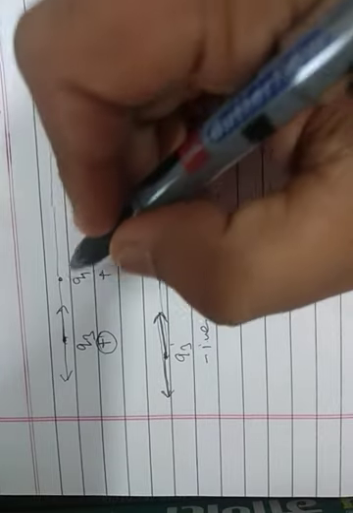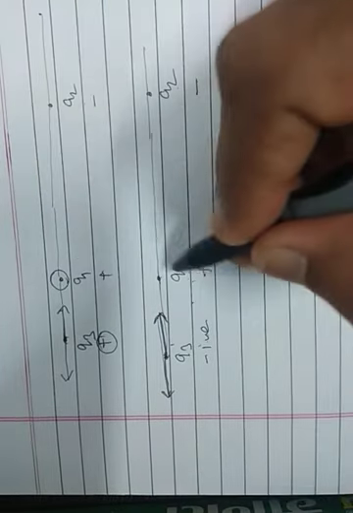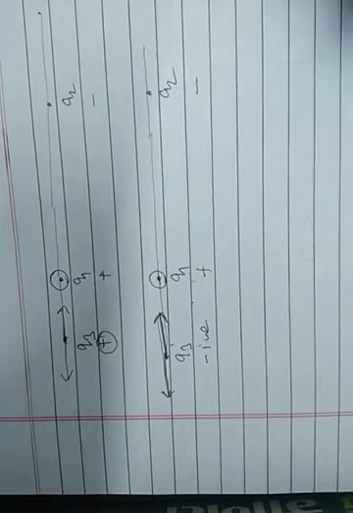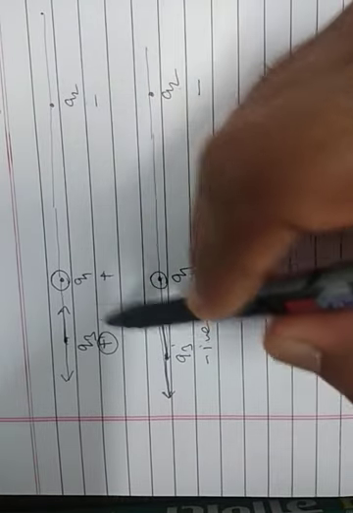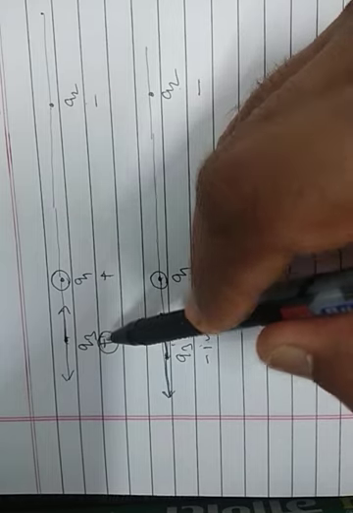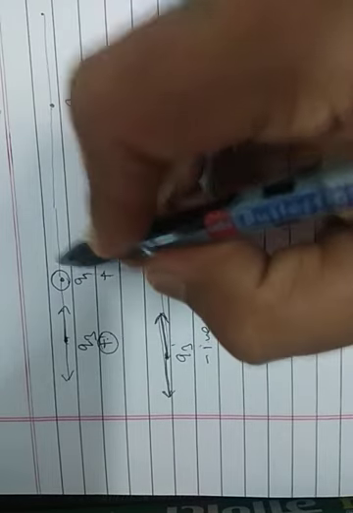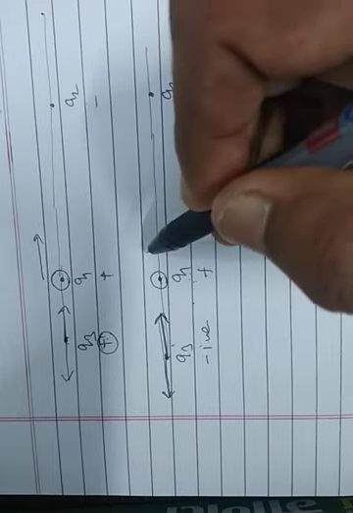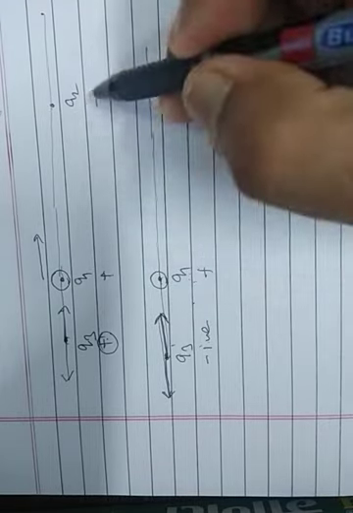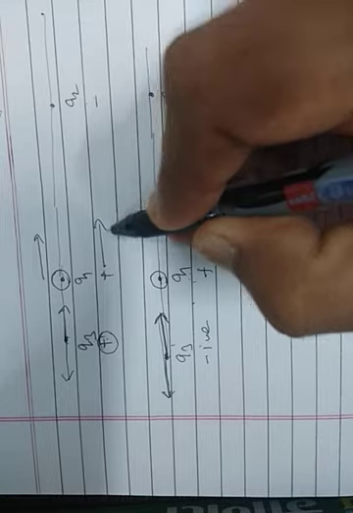In this case we will consider equilibrium of Q1, because all three charges should be in equilibrium. Now we will check equilibrium here for Q1. If this is positive, it will repel this Q1, and this Q1 is also attracted by this negative charge.